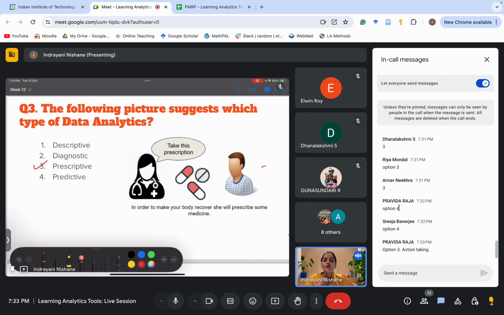In order to improve or optimize the learning environment for a particular learner, the remedial actions we prescribe to that learner are part of prescriptive analytics and not predictive analytics. Okay, so those who have said option 4 in the chat box, do you agree that it is prescriptive and not predictive?